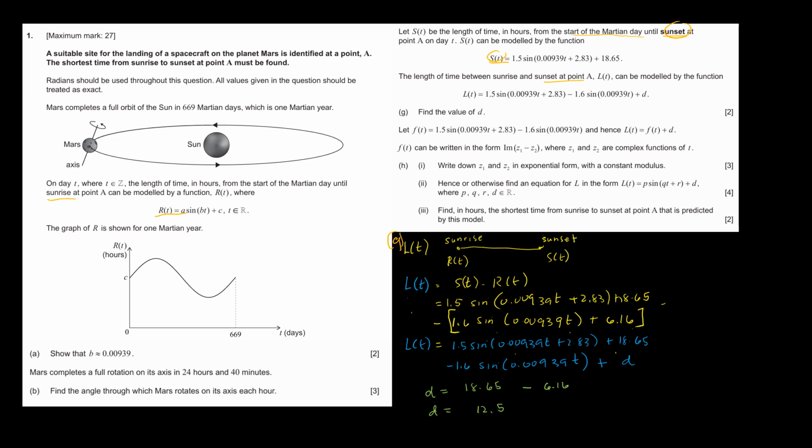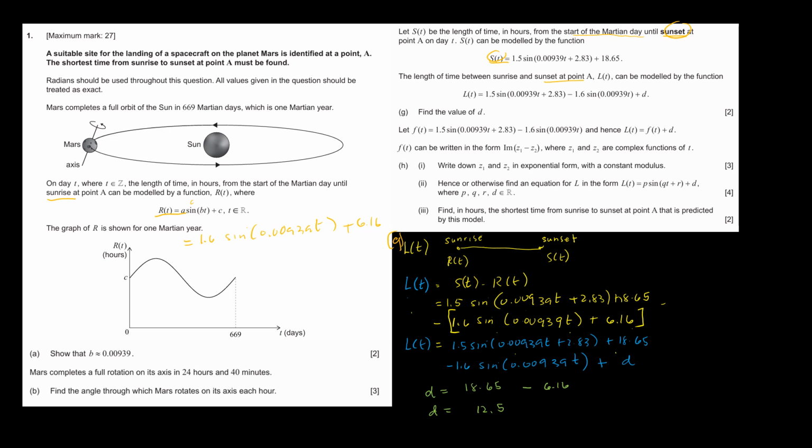Okay. Previously, we have solved for the amplitude, the frequency, and the principal axis, which is equal to 1.6 sine 0.00939t plus 6.16.